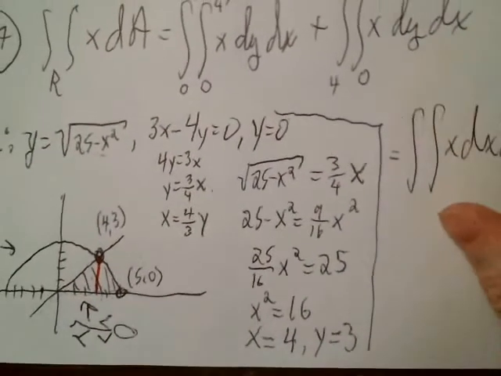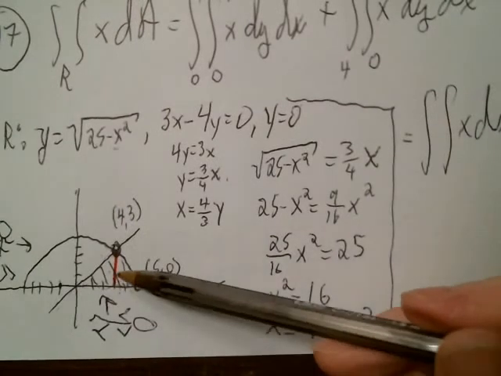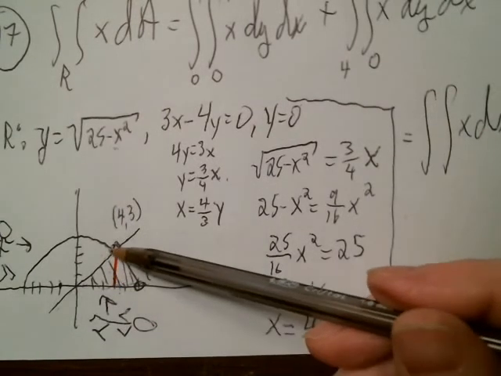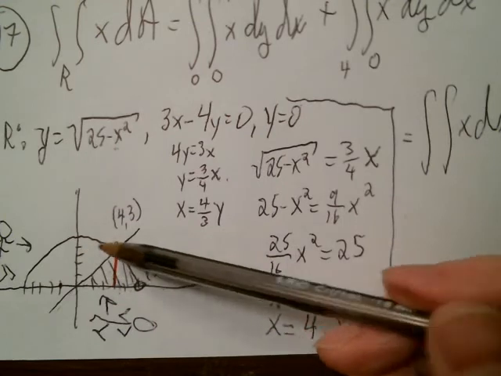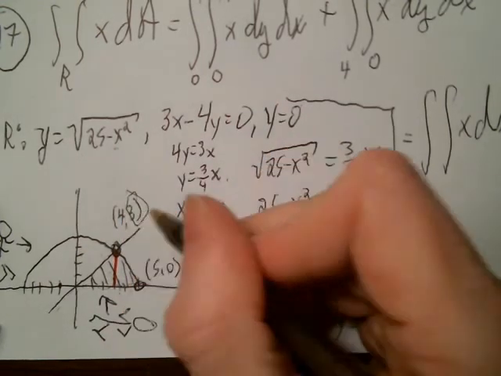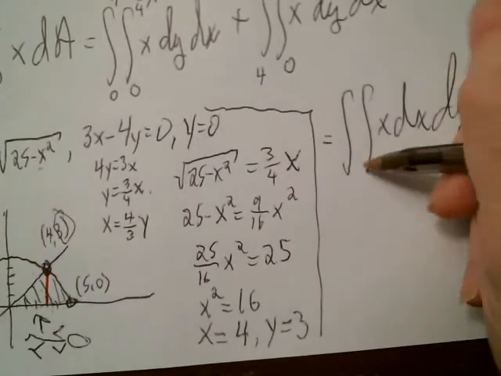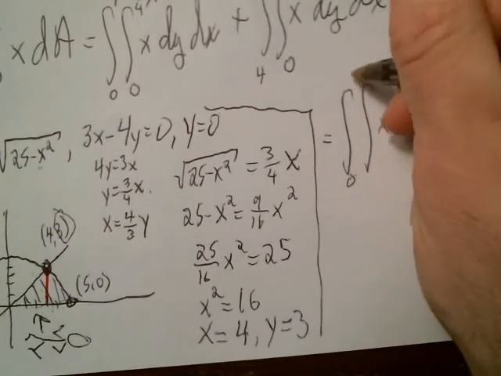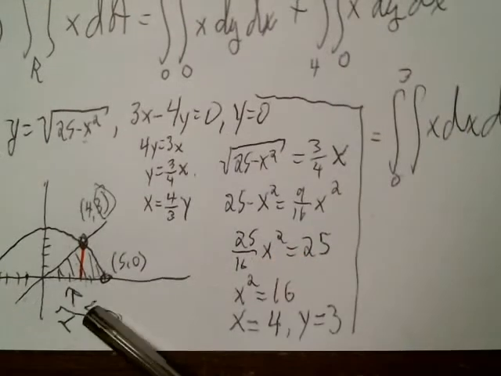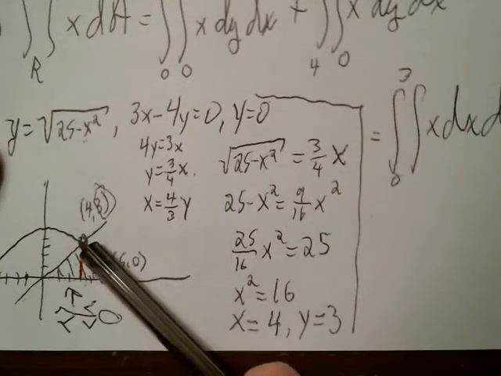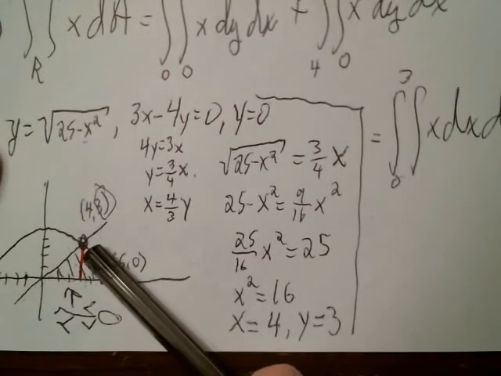And in this orientation, the Riemann man is going to be going from 0 to 3, right? So I just use the y coordinates 0 to 3 for the y. And then I need equations x equals this line to x equals this line, the bottom curve and the top curve.